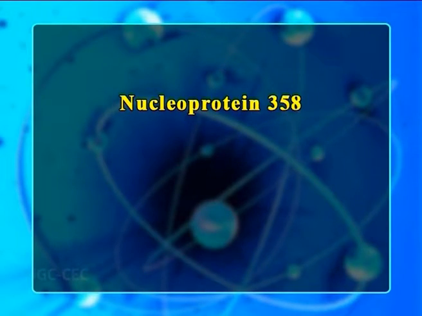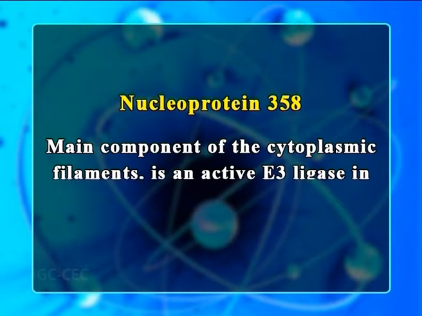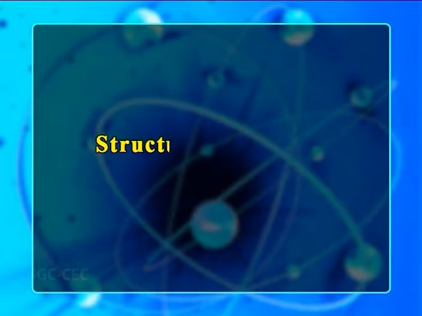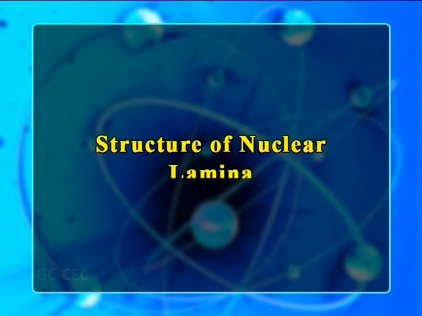Interestingly, nucleoprotein 358, the main component of cytoplasmic filaments, is an active E3 ligase in the sumoylation reaction. Last but not the least, several reports have associated nuclear pore complexes with chromatin organization and regulation of gene expression, especially in lower eukaryotes. Now we will briefly describe the structure of the nuclear lamina.